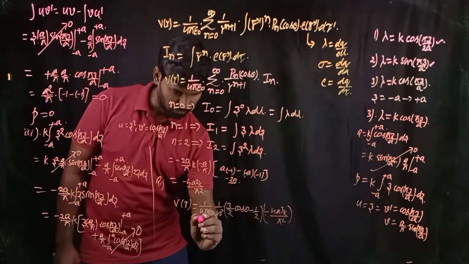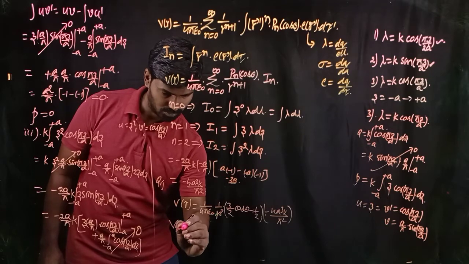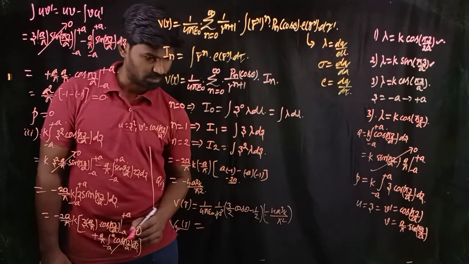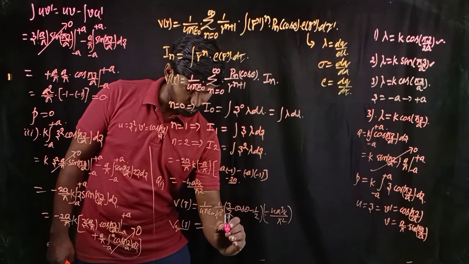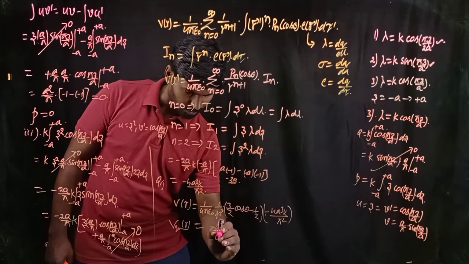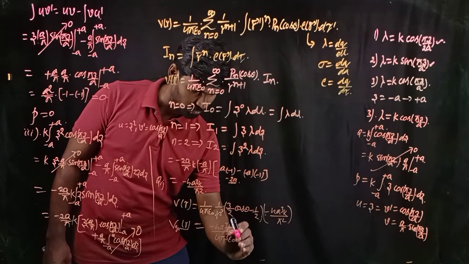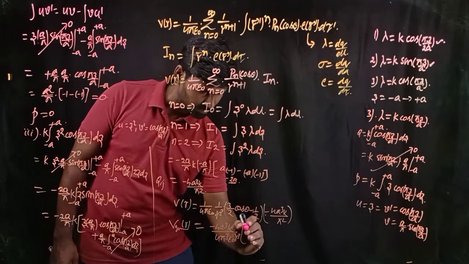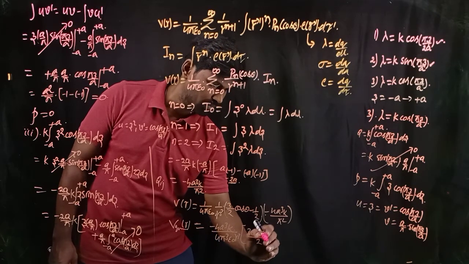If you write it over here, potential due to the quadrupole moment as a function of r is given by minus 4a cube k divided by 4 pi cube epsilon naught r cube into 3 cos theta minus 1 divided by 2.